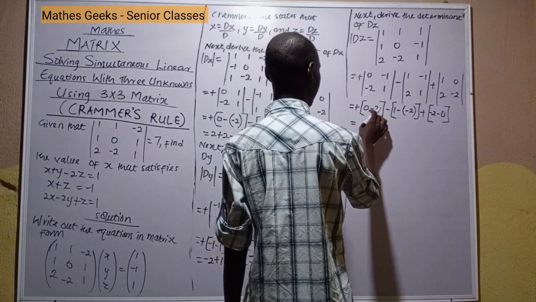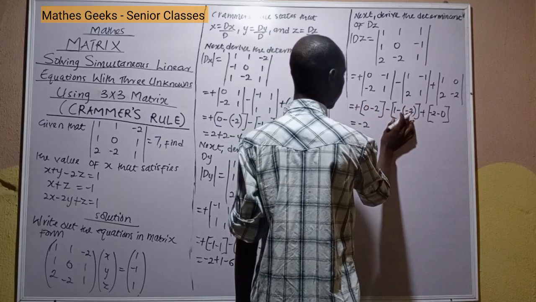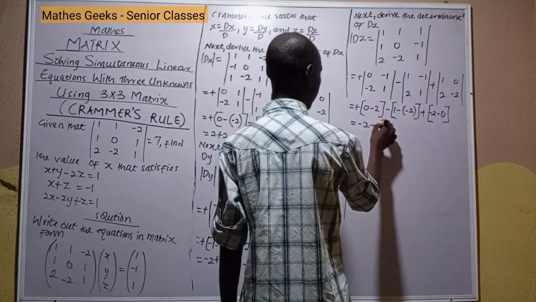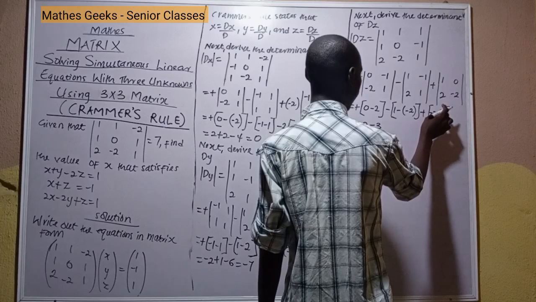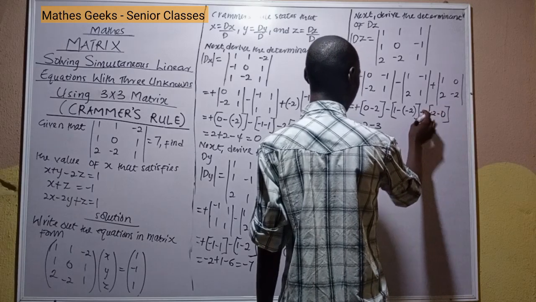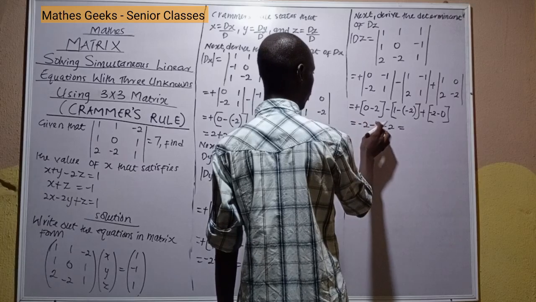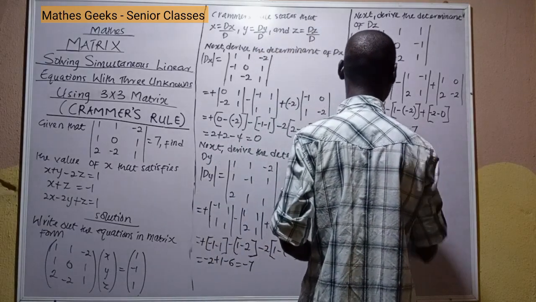Minus times plus 1 is minus 2, minus times minus is plus 1, plus 2 is 3, 2 times minus 1 is minus 3, minus 2 times minus 2 minus 0 is minus 2, minus 2 times plus 1 is minus 2, equals minus 2, minus 2 is minus 5, minus 5 minus 2 is equal to minus 7.